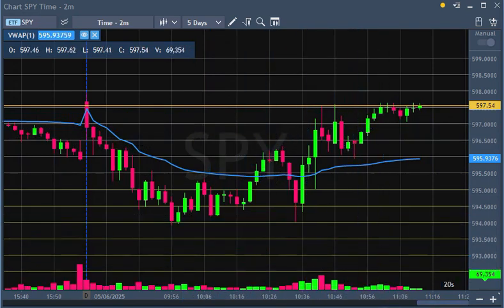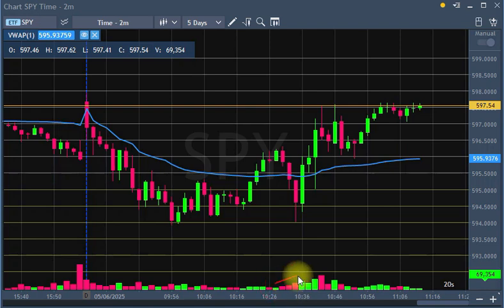So what about the trend? Since that piece of news, you can see clearly this pickup in volume. Not a big deal, nothing spectacular.